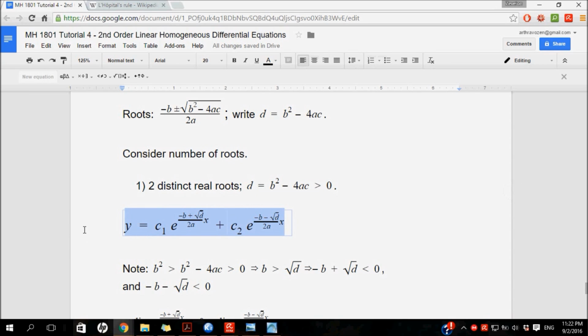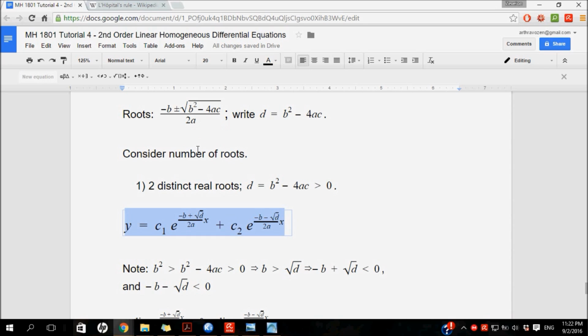So this must be the general solution. c1 and c2 are arbitrary real constants, and as you see, the powers of the exponential terms involve the roots. d, as we said, is whatever is inside the square root.